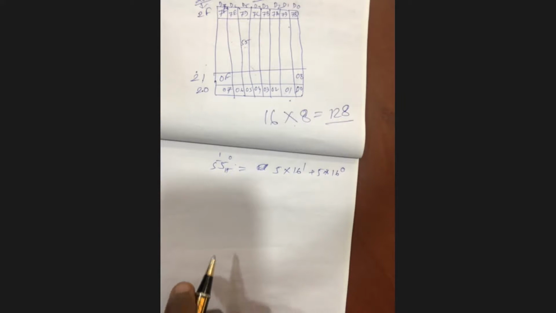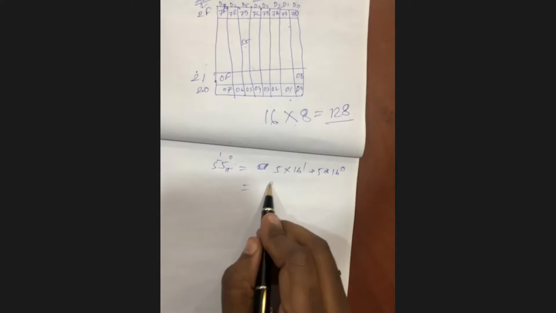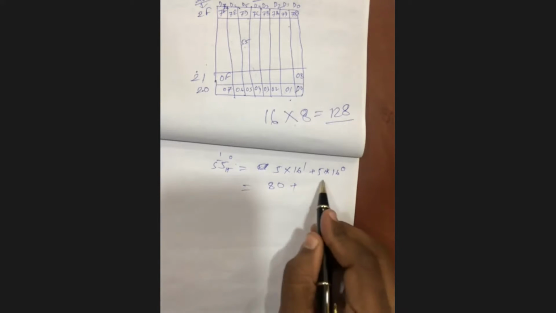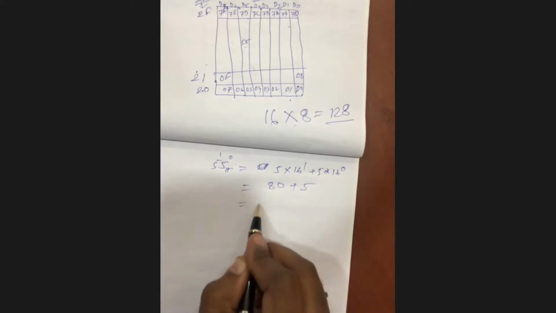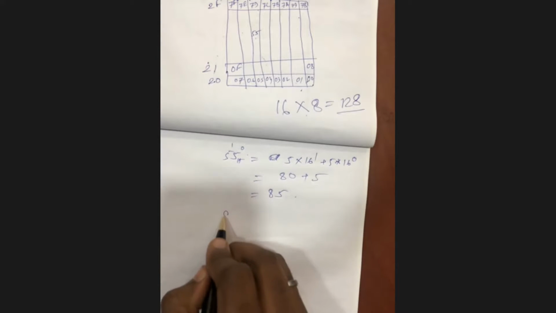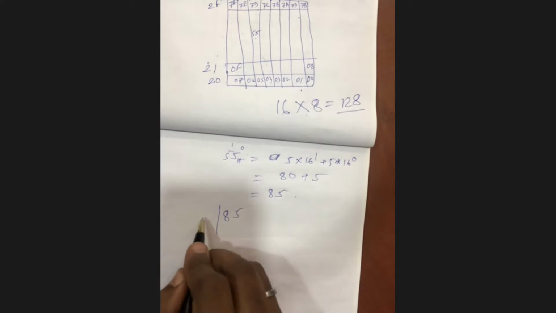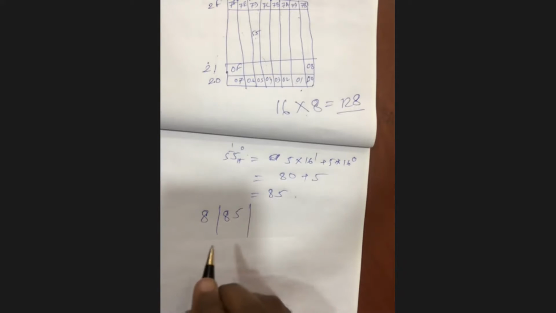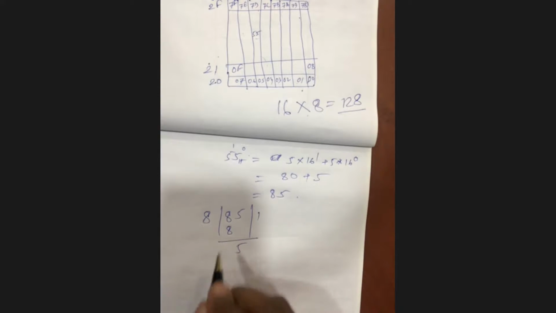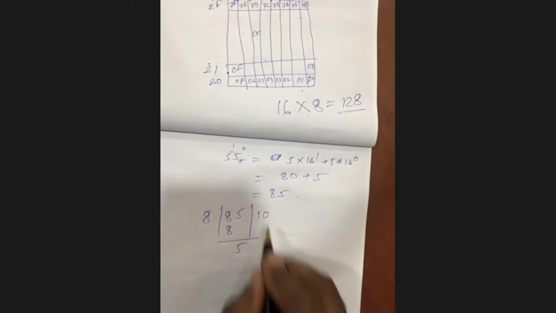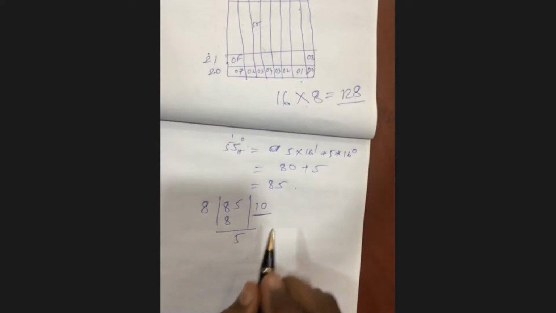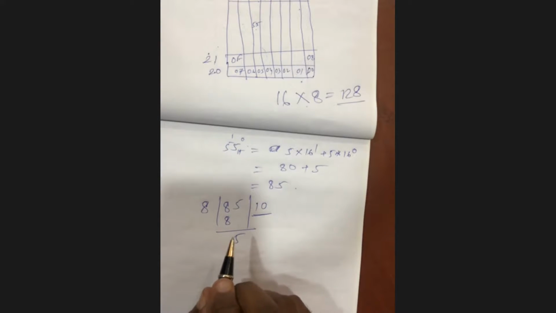So it is 80 plus 5, that is 85. 85 divided by 8: the result is 10 and 5 is the remainder. Am I right? Yes.